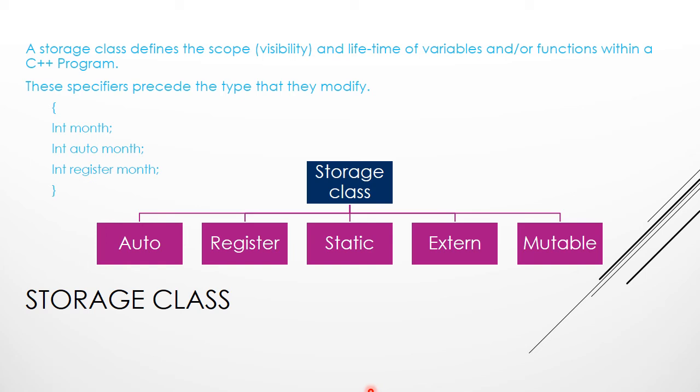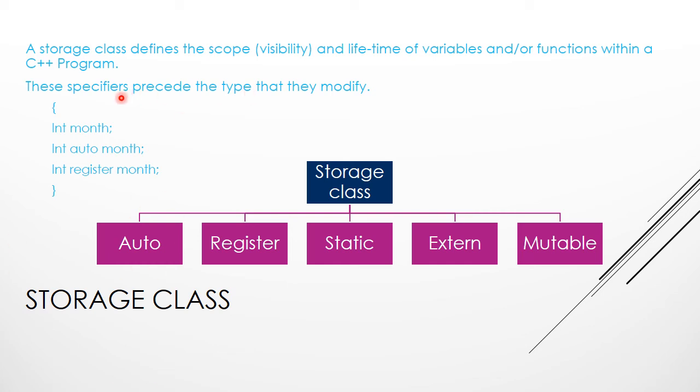As we know, when we use cin, we extract data and we store it in certain variables. So we can tell the compiler where to store a variable, maybe in a register, or in a static or extern, etc. We can actually tell the compiler where to store that variable.